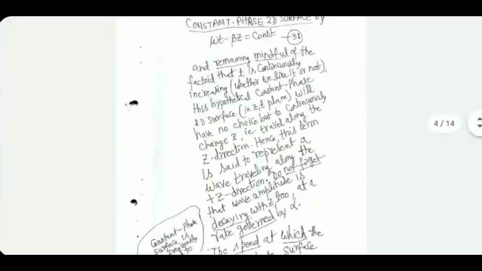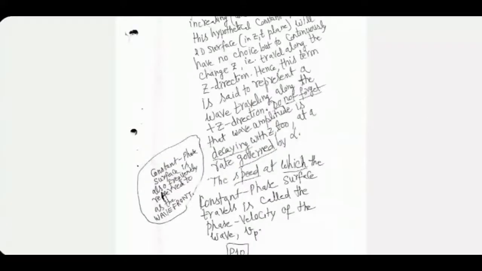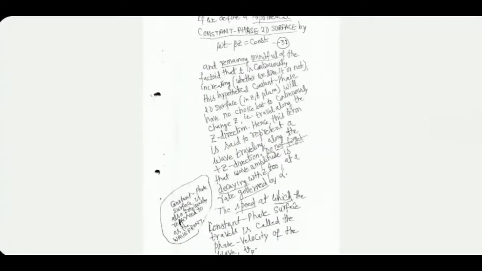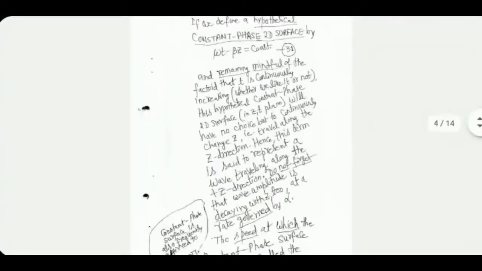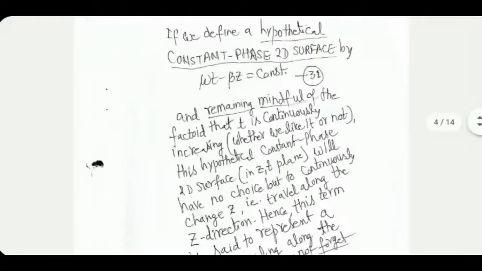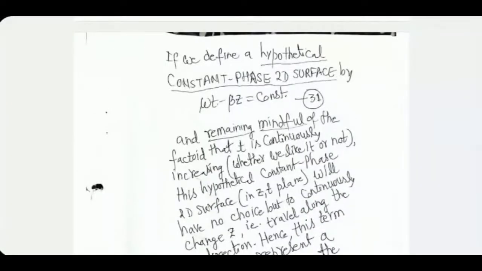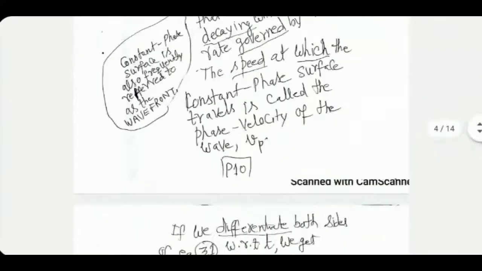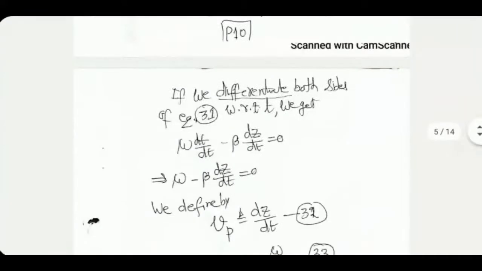Now to determine the speed at which this will happen, I take equation 31 and differentiate both sides with time. I get omega dt by dt minus beta dz by dt equal to 0. dt by dt is 1. So omega minus beta dz by dt equal to 0.